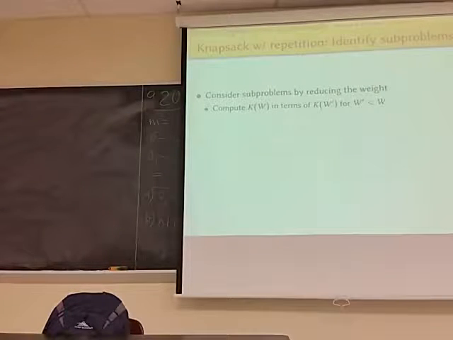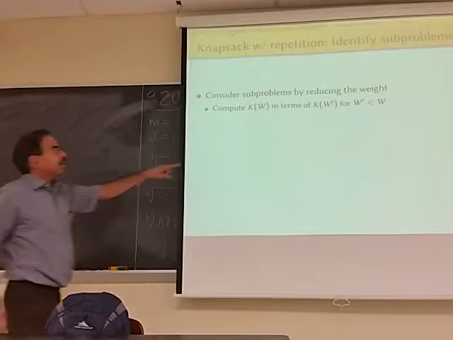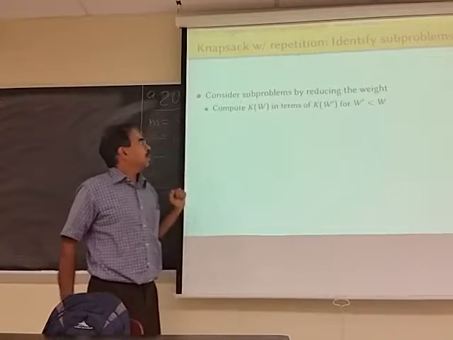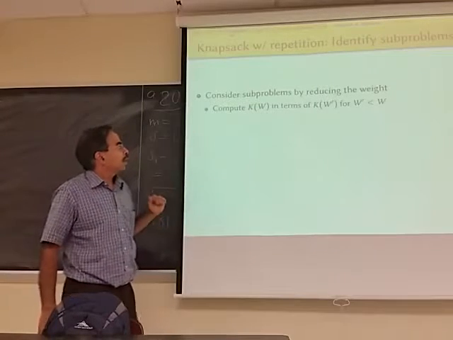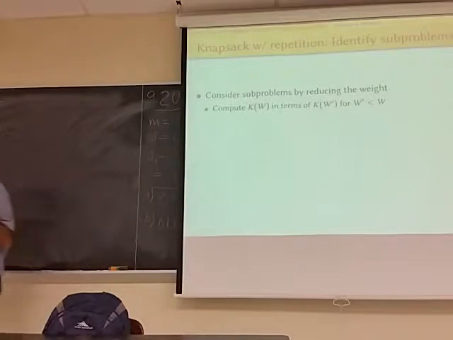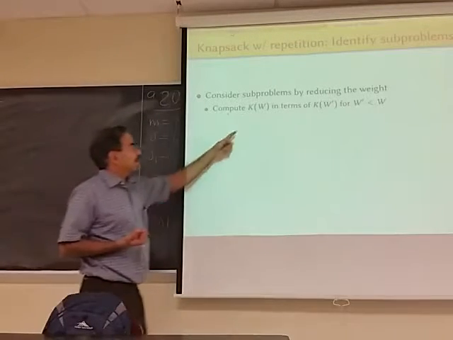What we want to do is compute k of w, which is the optimal value you can get given a budget of w. So you have a budget of w, and you want to find out the maximum value you can get.